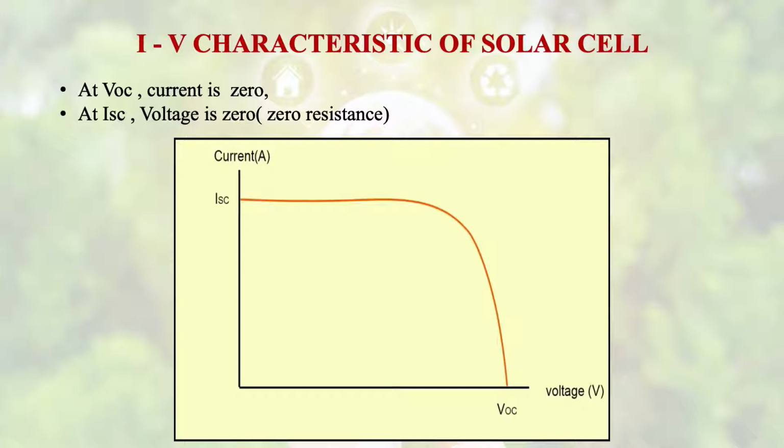And where the ISC is written, at that point you can see the voltage is zero. So this change of current and voltage of the solar cell is indicated by the IV characteristics of the solar cell.